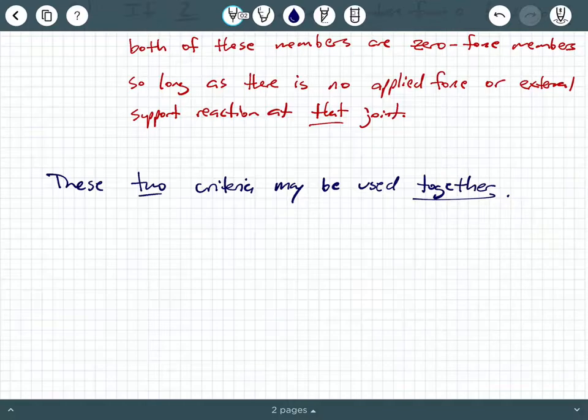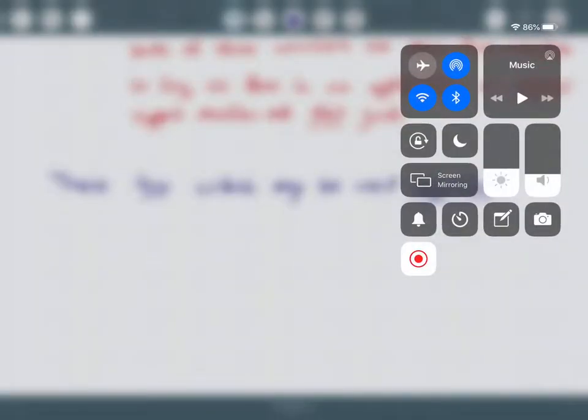What we're saying here is we may have a truss in which we find some zero force members according to criteria number 1, and then once we have recognized those zero force members according to criteria number 1, we may be able to apply criteria number 2 to find more zero force members, and vice versa. So these two criteria may be used together. We're going to see some examples illustrating that in the next video.